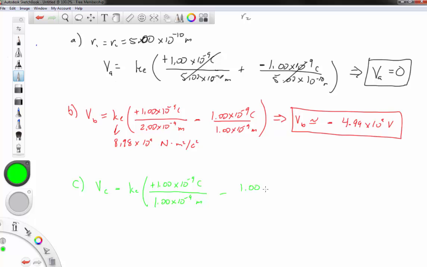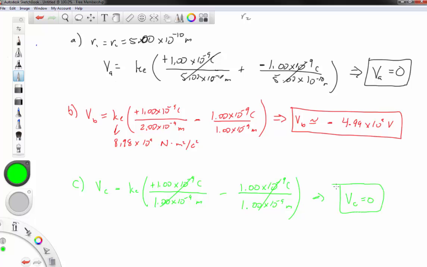And then from that we subtract 1.00 times 10 to the minus 9 coulombs divided by 1.00 times 10 to the minus 9 meters, because now we are the same distance away from both of them. That's the equilateral triangle case. And again, we see that these two cancel. So VC is once again 0.